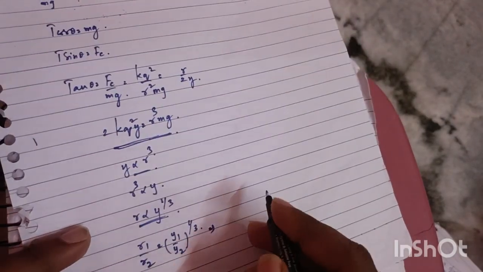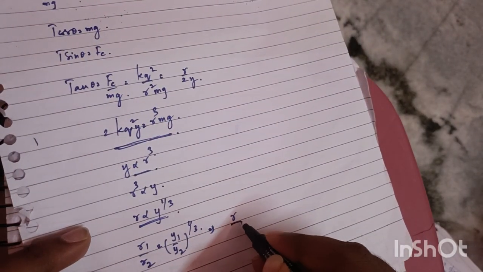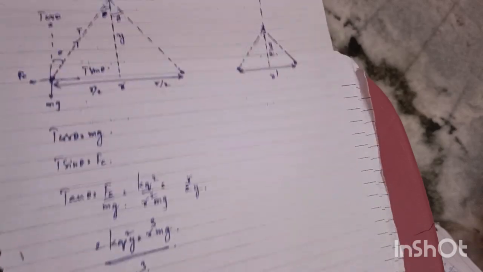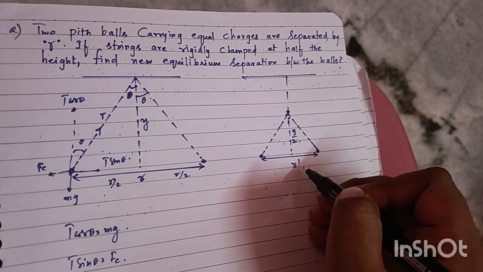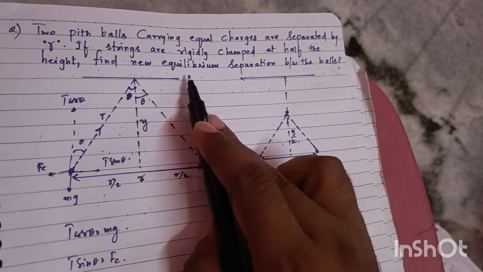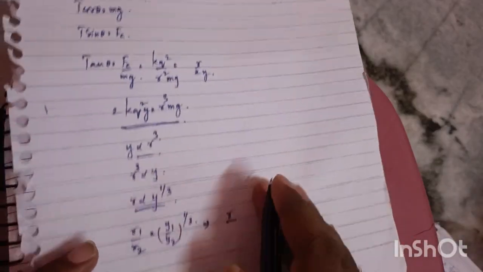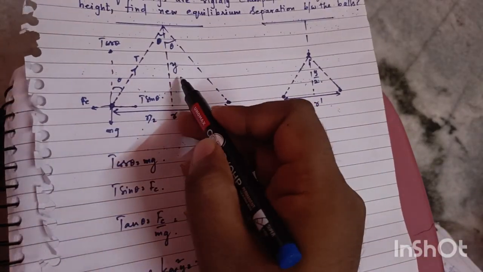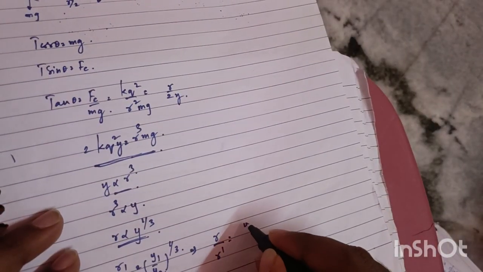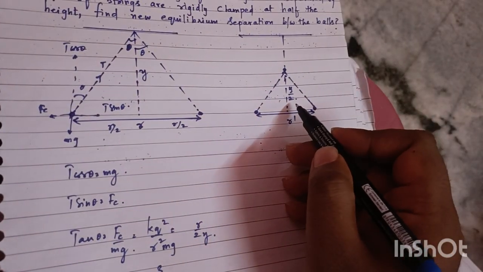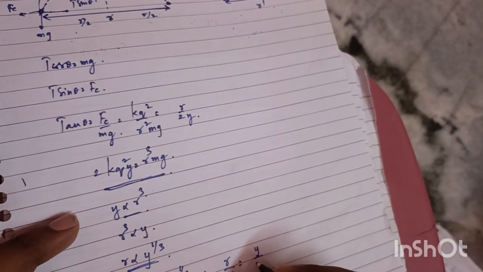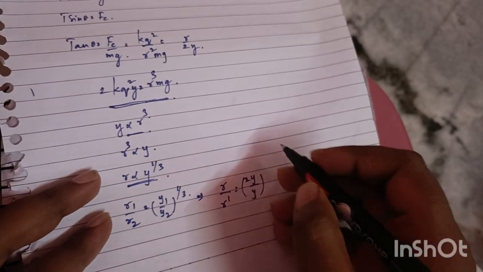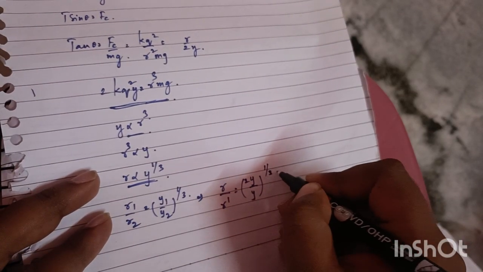So r1 is r, equilibrium separation in first case, equilibrium separation in second case, r dash, that we want. New equilibrium separation, r dash is equal to y1 is y, y2 is y by 2, whole power 1 by 3.